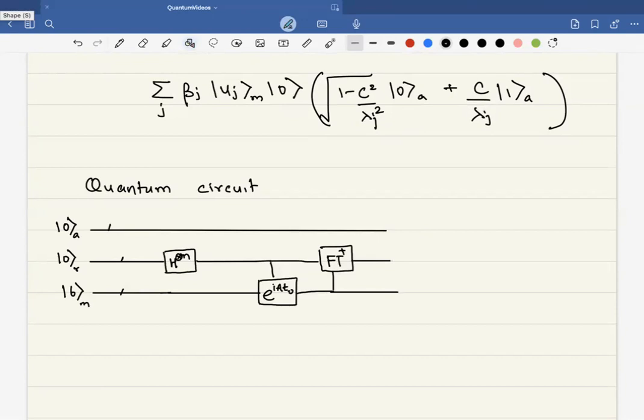I'm skipping the second step, the eigenvalue inversion. And then I'm just saying that this is my control rotation step. So this is control, and this is R, Y, theta.